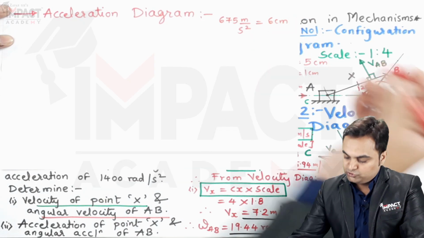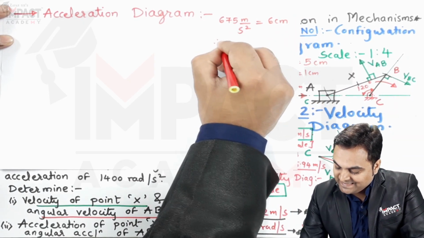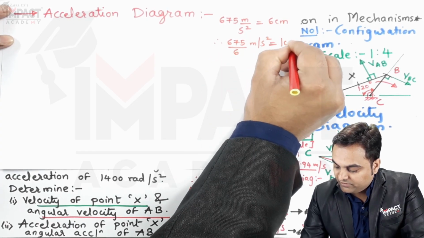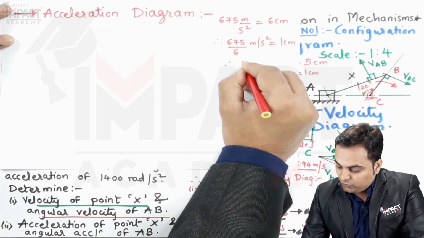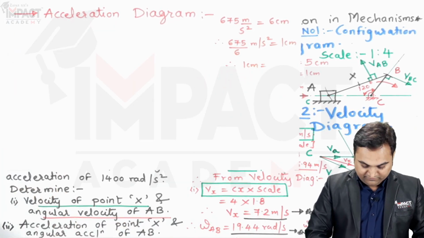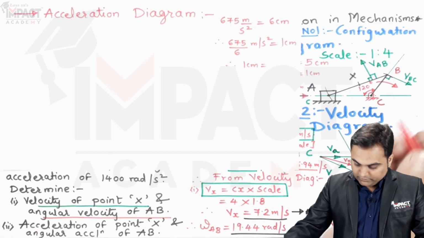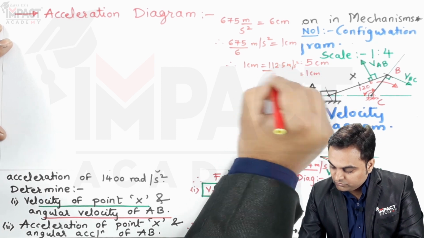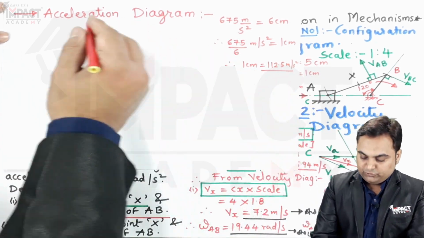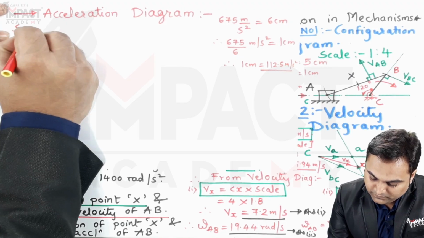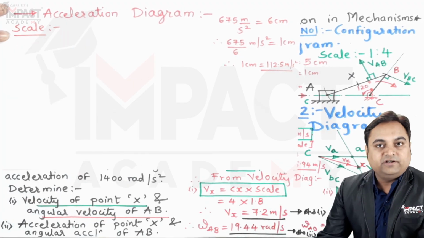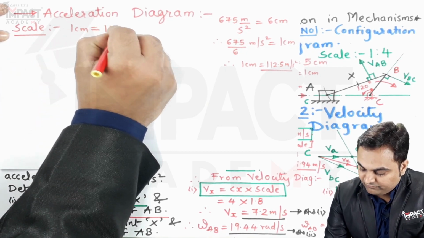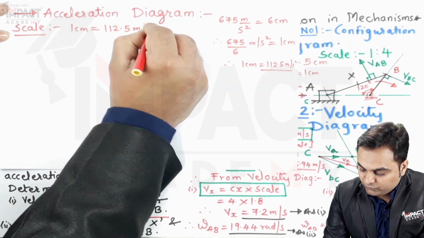So 675 divided by 6, here we have 1 centimeter, so 1 centimeter would be 112.5 meter per second square. So this is the scale which I am going to use for the acceleration diagram. I have explained the method of selecting the scale. So here 1 centimeter would be 112.5 meter per second square.